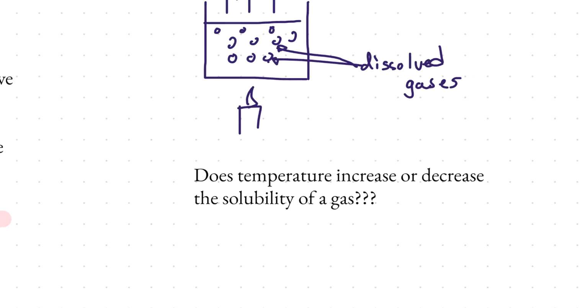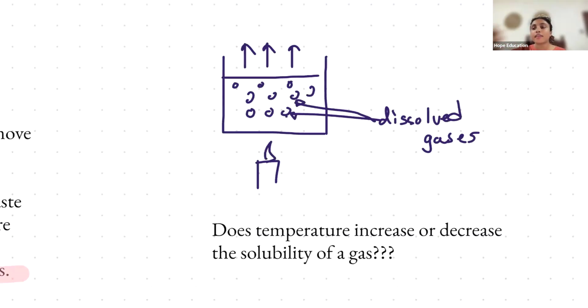Decrease. Okay, decreases. Yes. In the chat box also I got the answer. When we increase the temperature, the gases that were dissolved go out of the solution. That means when the temperature increases, they don't want to stay dissolved. That means when you increase the temperature, solubility of a gas decreases.